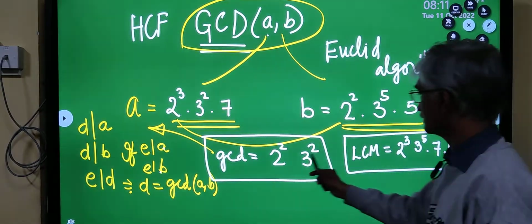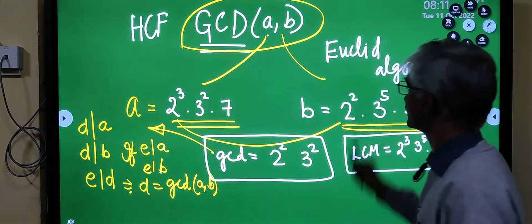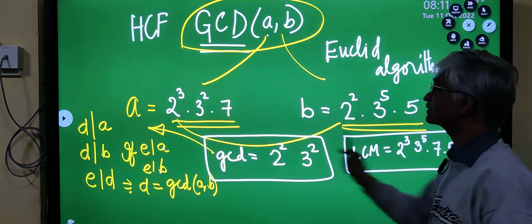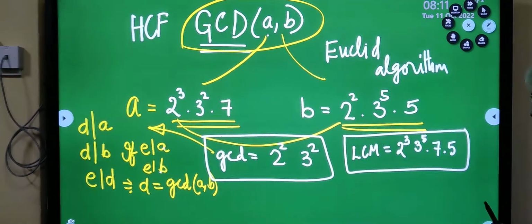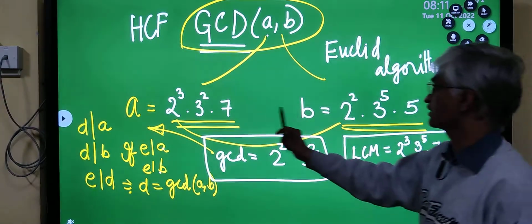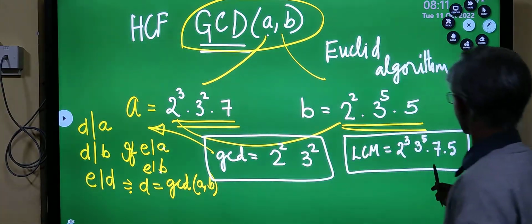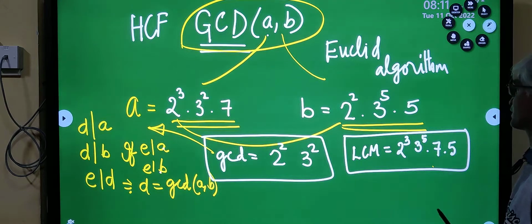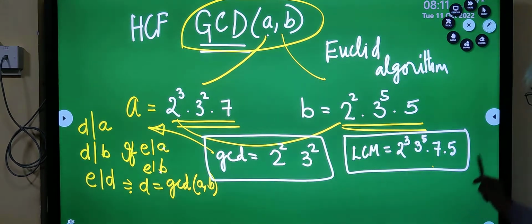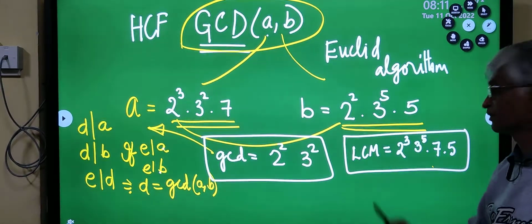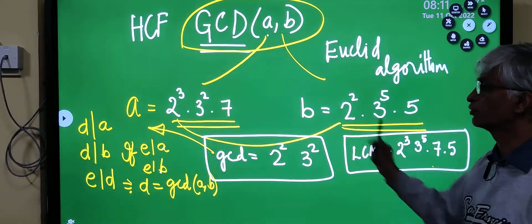So in the GCD case, you chose the minimum of the exponent. In this case, you choose the maximum of the exponent. Now this is clearly a multiple of this number. This is also a multiple of this number, and this is a common multiple, which is the least common multiple of both A and B.